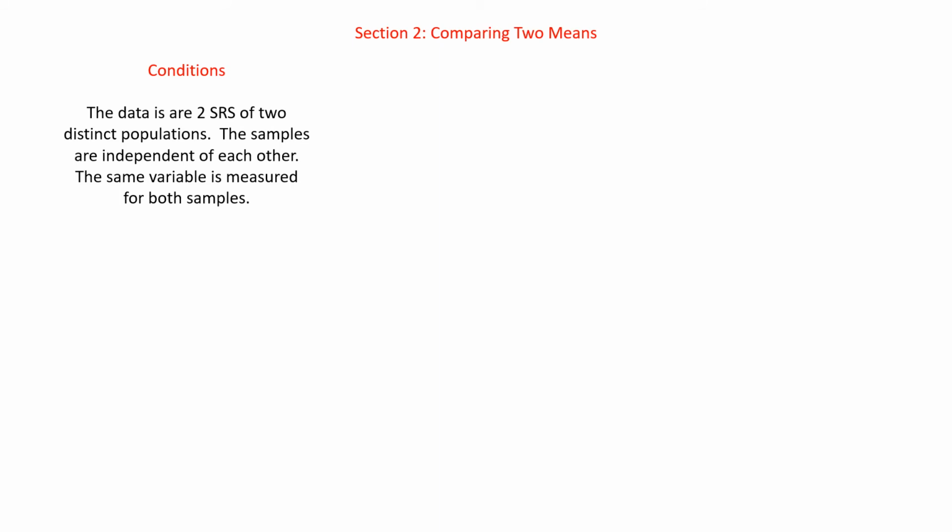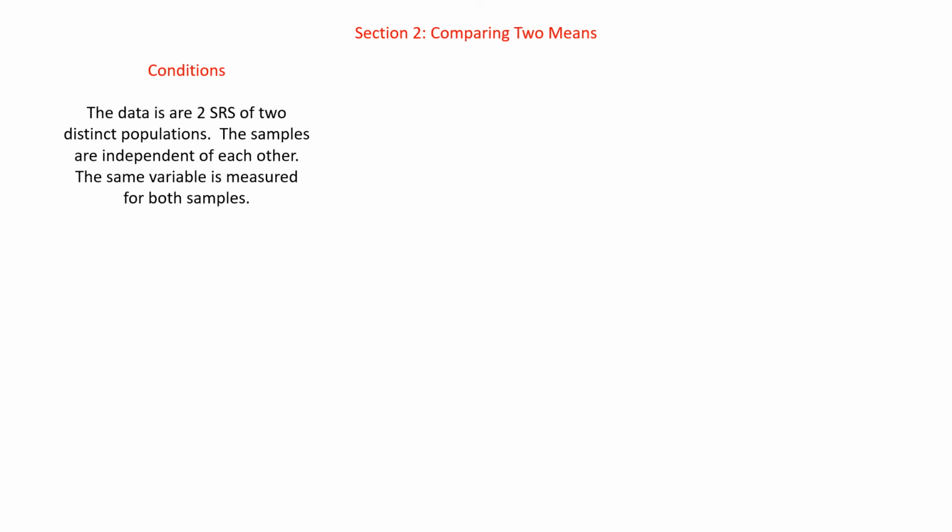For instance, we could be looking at the heights of senior boys and freshman boys to see if boys grow during high school. We'd expect the senior boys to be taller than the freshman boys, probably. We'd have two distinct populations. It wouldn't just be taking the boys at a standard high school and getting two samples from that one population.